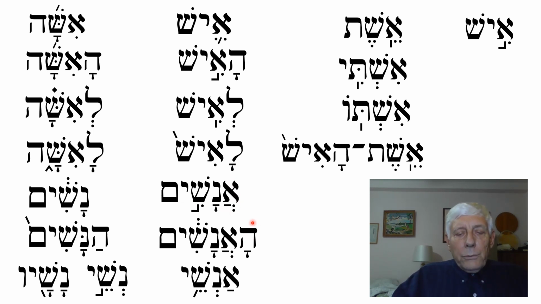Putting an article on the front of it is simply tacking it on the front with no vowel changing: ha-anashim, the men. And then the construct form, you just simply take the base root, the plural, drop the mem, and you have anshe. The accenting will be Mil'el here, and so anshe.